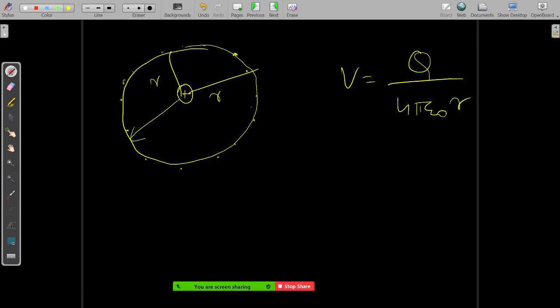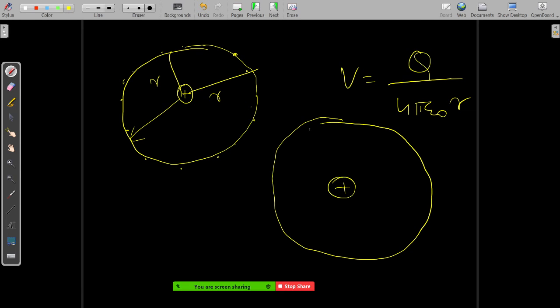So for a positive charge, one equipotential surface will be a sphere around it. A spherical surface around it will be an equipotential surface, because on all points of that surface, the potential will be basically the same all over. Another equipotential can be another sphere.